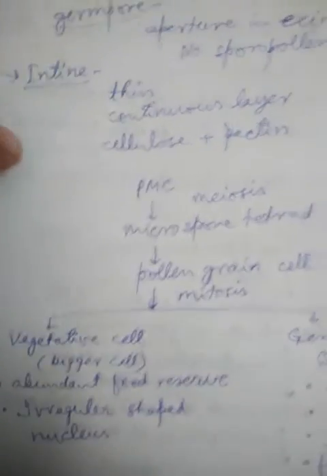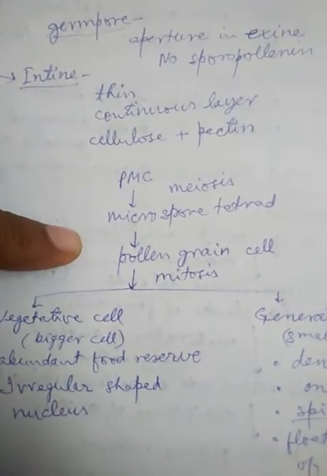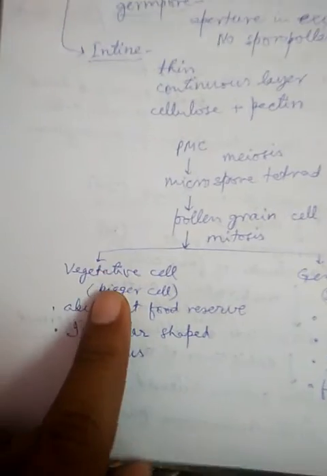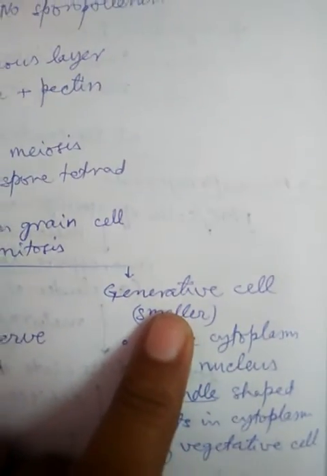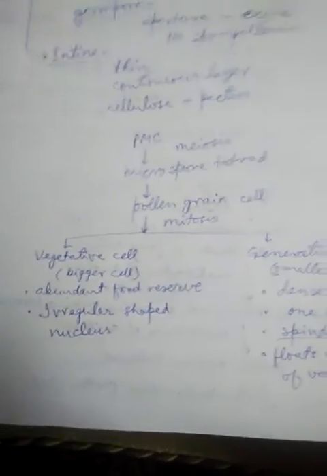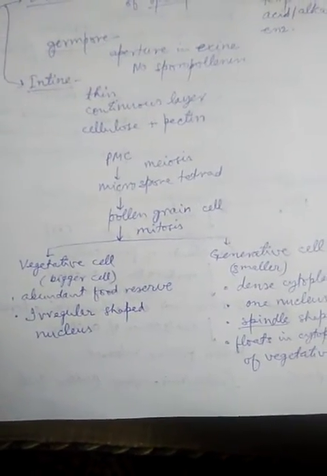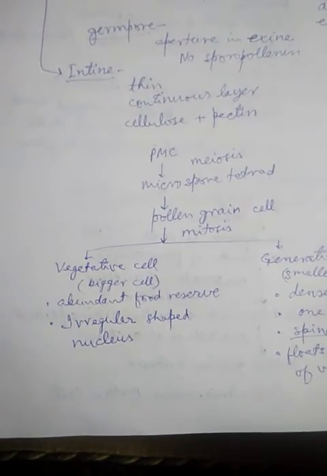So after the mitosis of this pollen grain cell, inside the pollen grain which is undergoing the maturation process, you will now have two cells. One cell is called the vegetative cell, another cell is called the generative cell. The vegetative cell is larger and much bigger in size as compared to the generative cell, which is smaller in size.